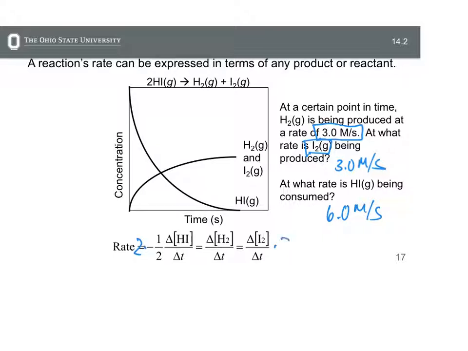There. So we're multiplying, so delta HI over delta T is equal to 2 times, we're going to just look at H2, which was 3 moles per liter per second.